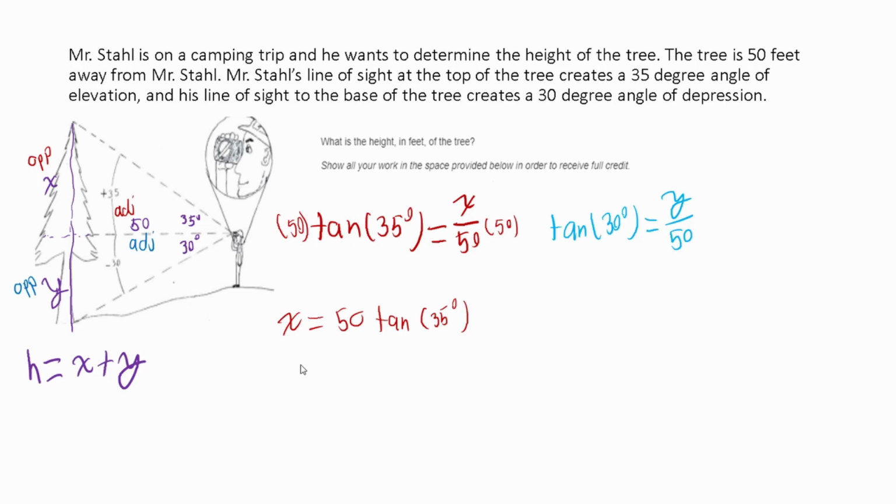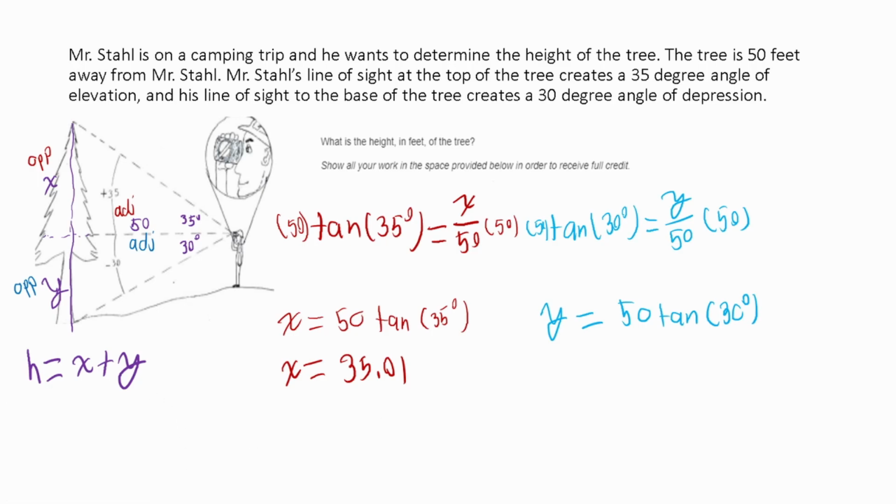Our first answer, and I'm going to round to the second decimal place, is going to give me x equals 35.01. And we found our value of x. Now, all we have to do is the same steps, but for our y equation here. Multiply both sides by 50, just like we did the first time. And we get y equals 50 tangent of now 30 degrees.